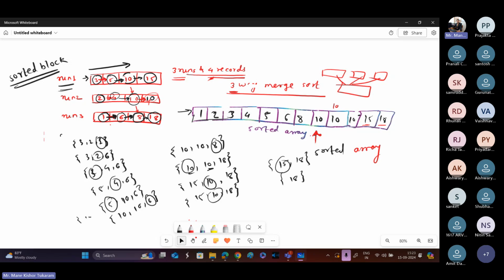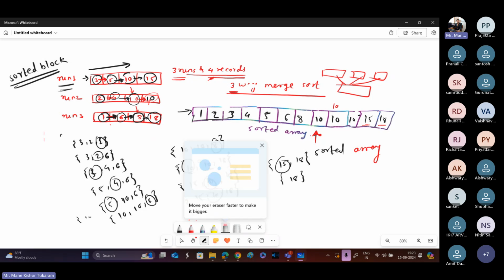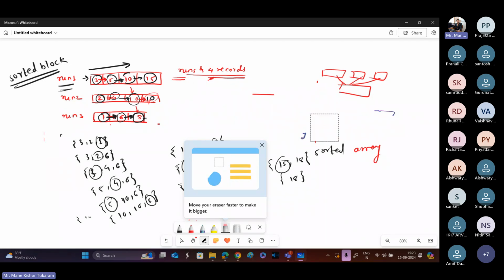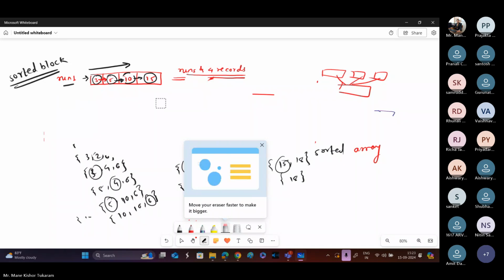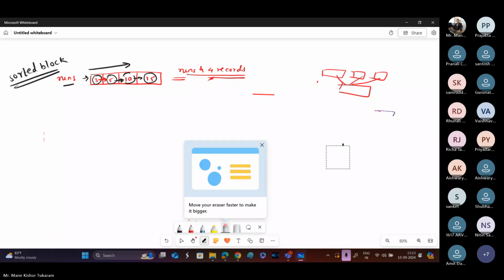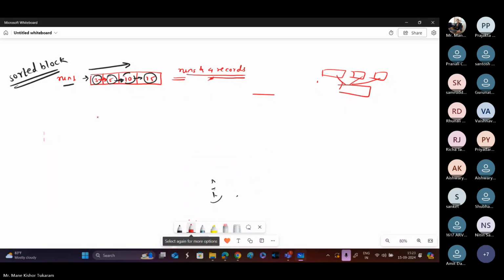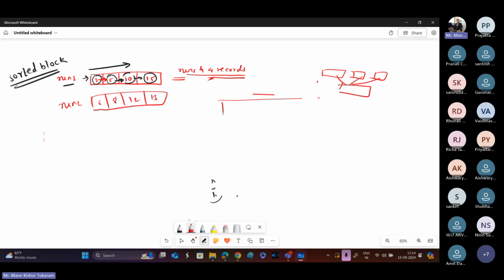Okay, now suppose we have the same example and I want to use two-way merge sort, then what changes will happen? Okay, so two-way merge sort means there will be only 2 runs and 4 records, right? Run 2, for example I just take 6 8 12 and 13. Okay, and I want to just sort the particular content. So total 8 blocks are there.